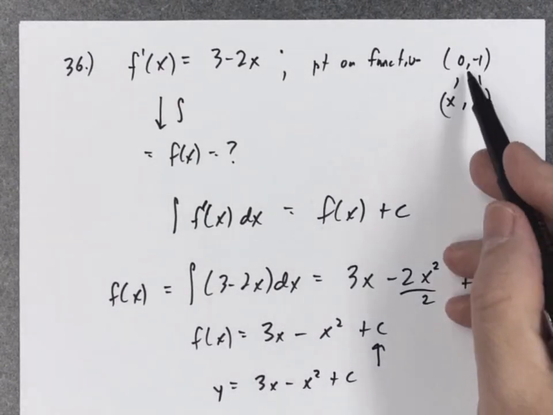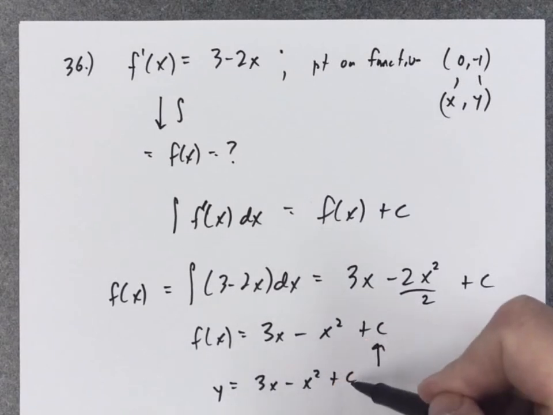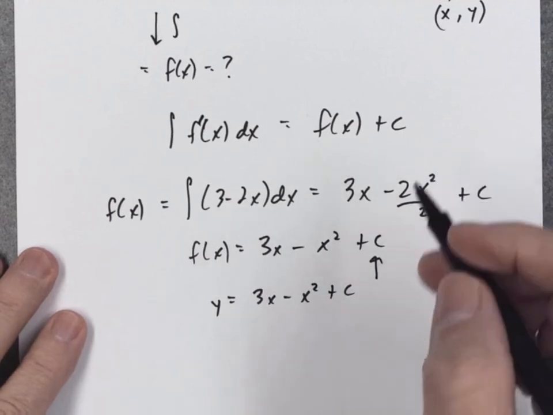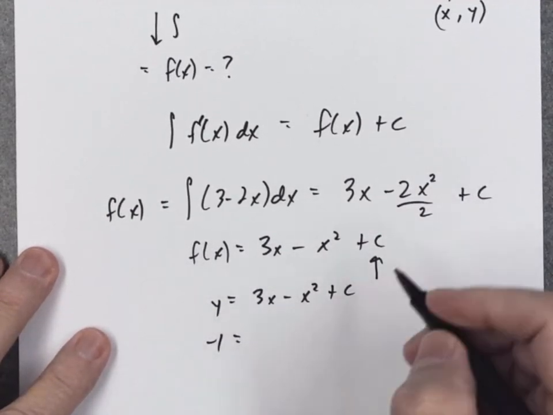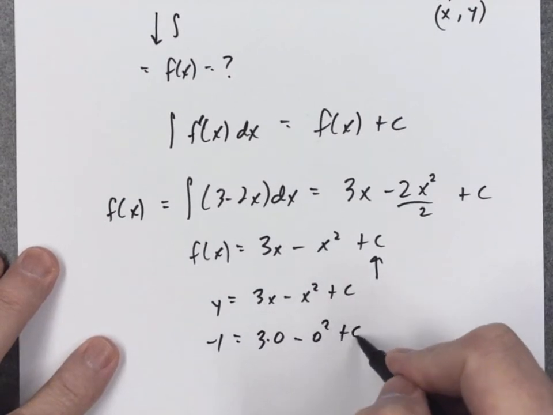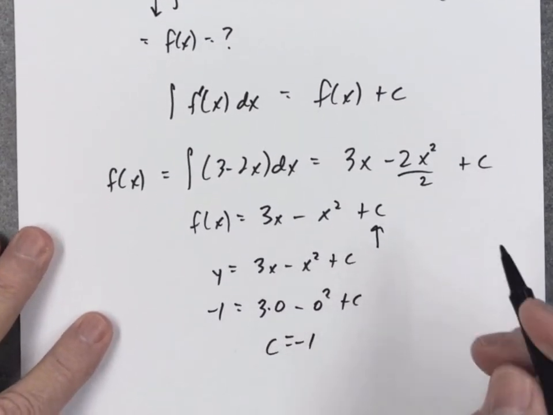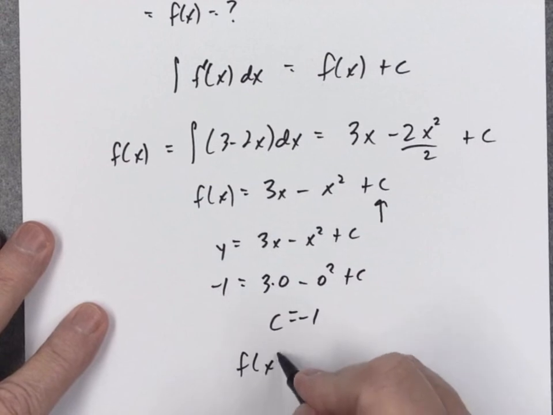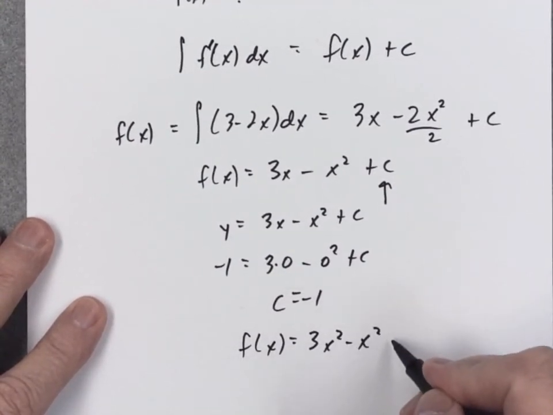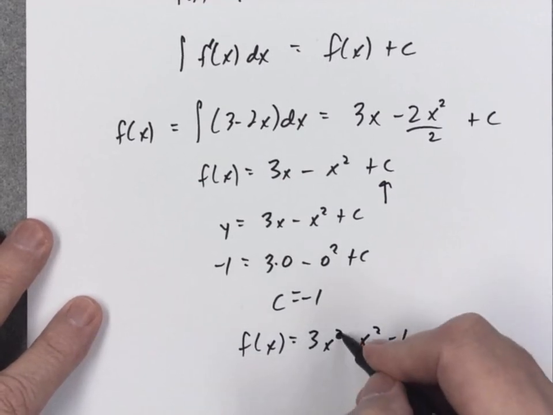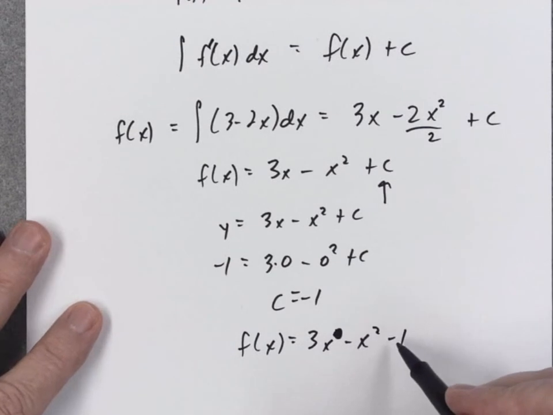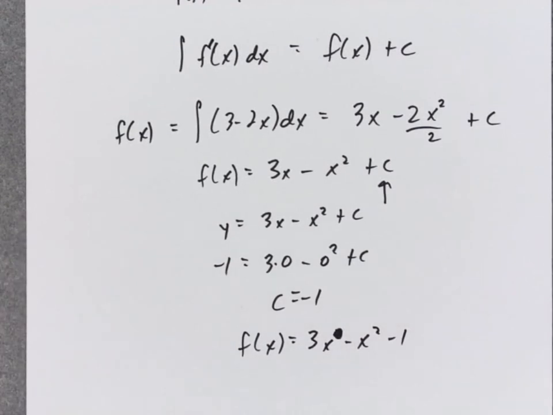And now if I plug that point in to this equation, I can actually calculate c. So I'll plug in -1 for y, plug in 0 for x. Turns out c is -1, so now I can finally say, the function is 3x minus x squared minus 1.